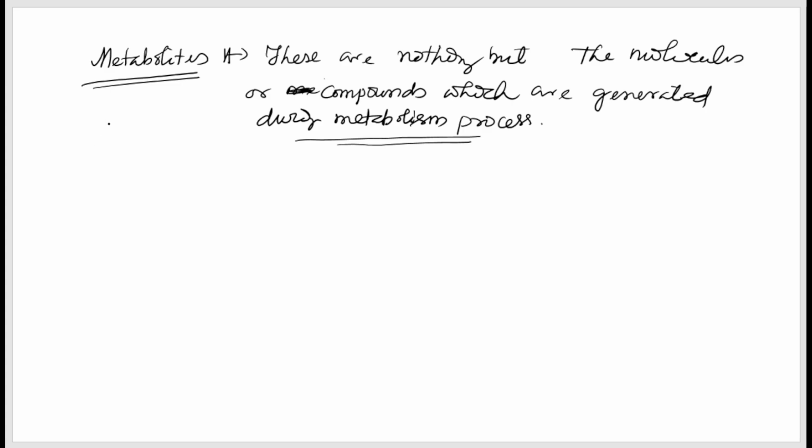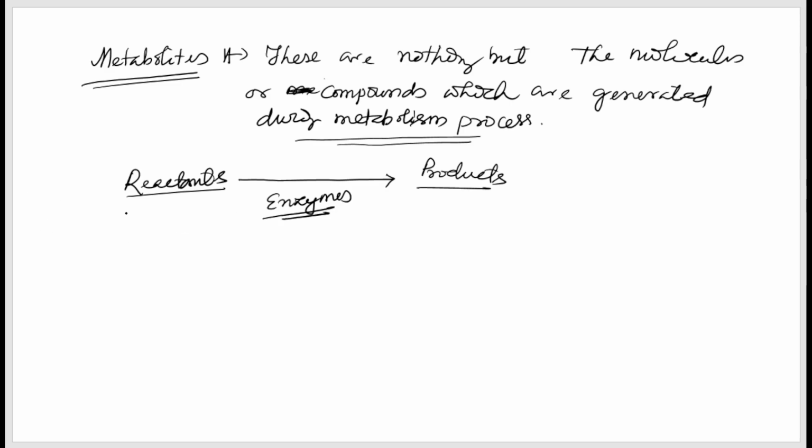If you see the process of metabolism, reactants are there, and these reactants are converted to products. Taking the example of a biochemical reaction, this is regulated by enzymes and some other factors, like we have discussed earlier. The reactant is also a molecular form.